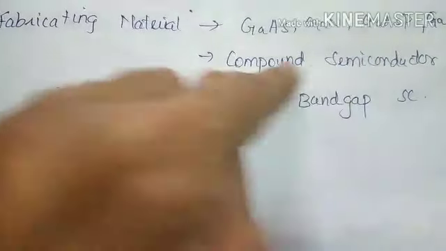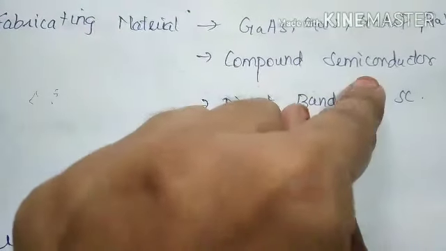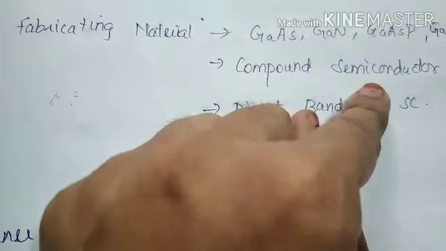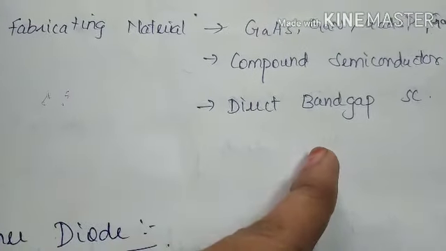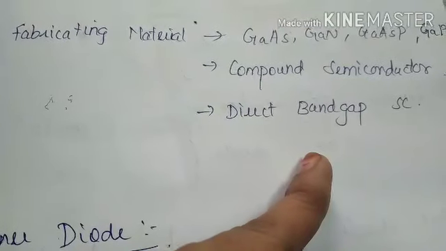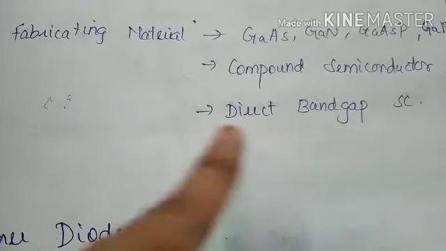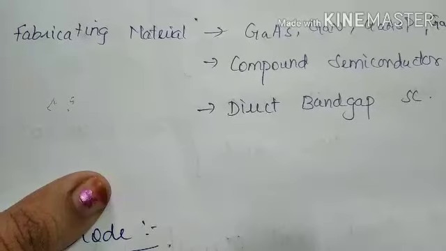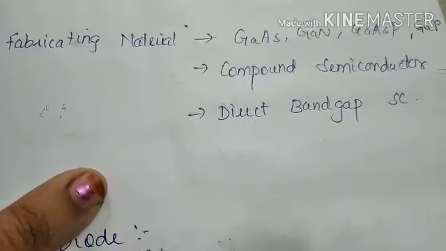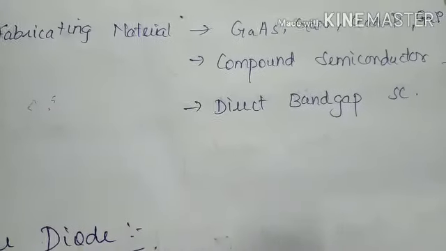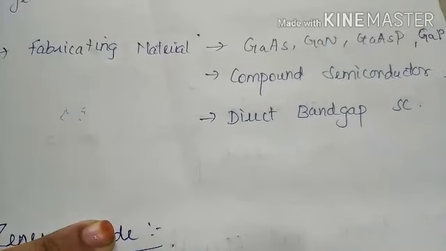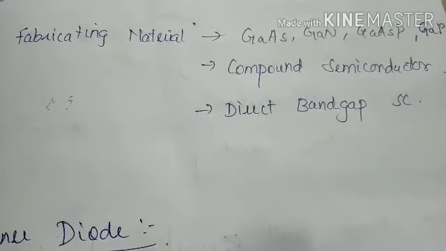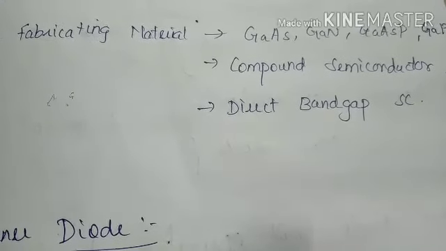Likewise, compound semiconductors are used as the fabricating material of the LED. It may also be a direct bandgap semiconductor. So these are the important points of LED. You are already aware of the applications of LED, so we are skipping that topic here.